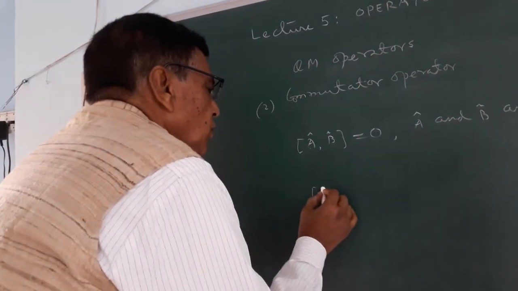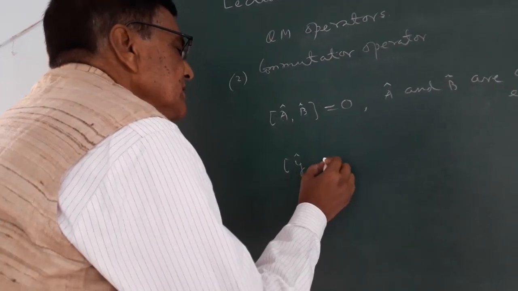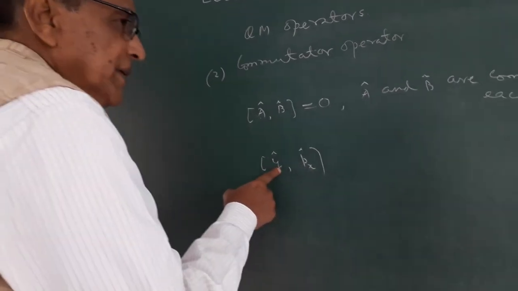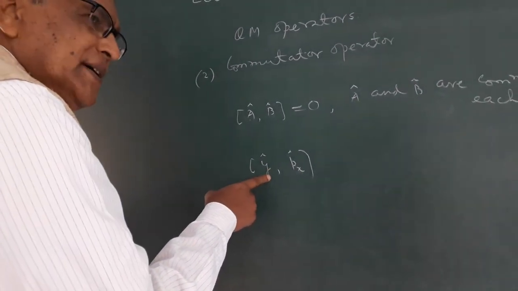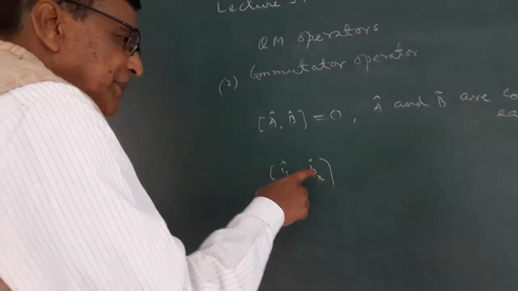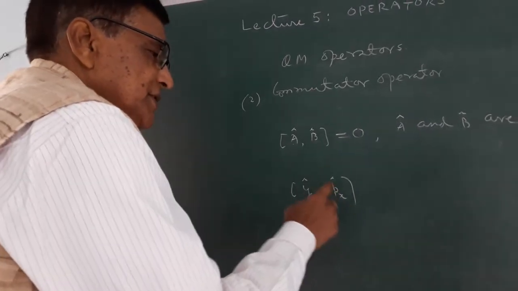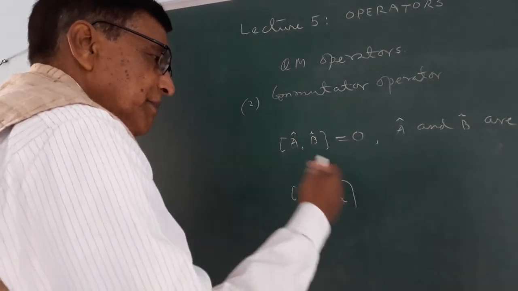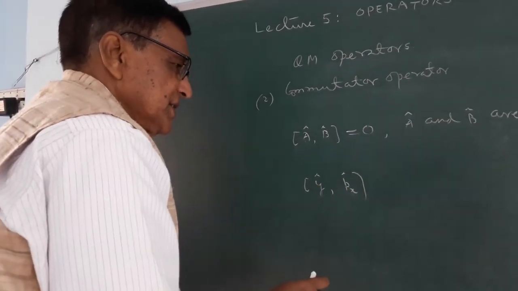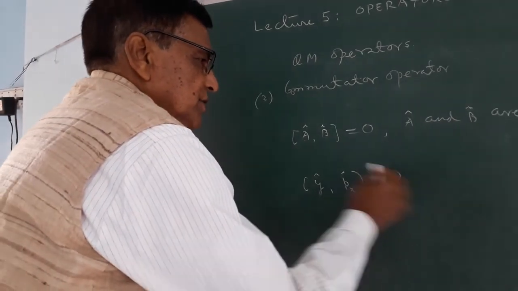Say this is y cap and this is px cap. This is the operator for the position of the particle along the y direction, and px cap is the operator for the linear momentum along the x direction. Then this commutator is equal to 0.